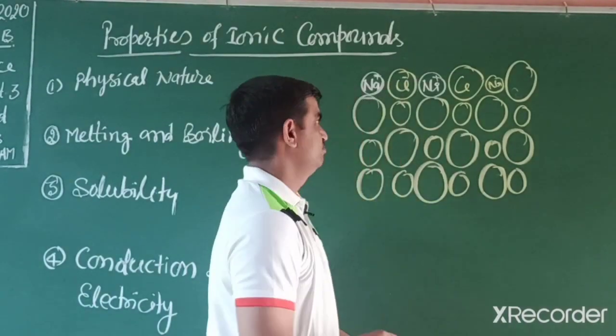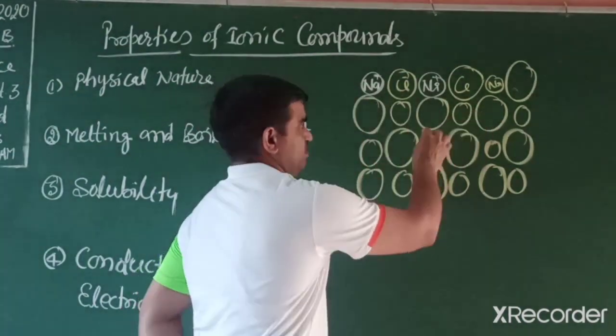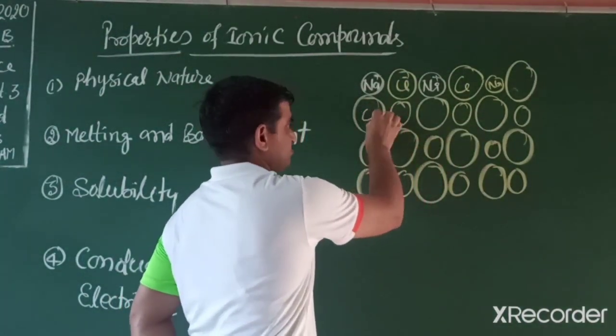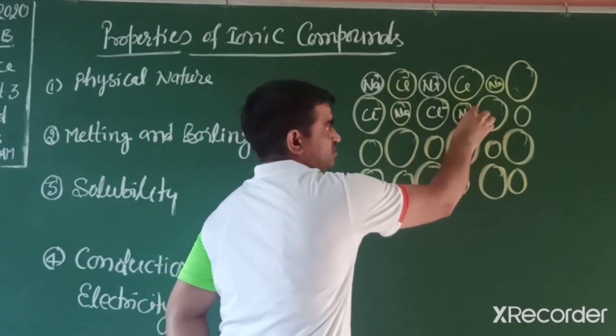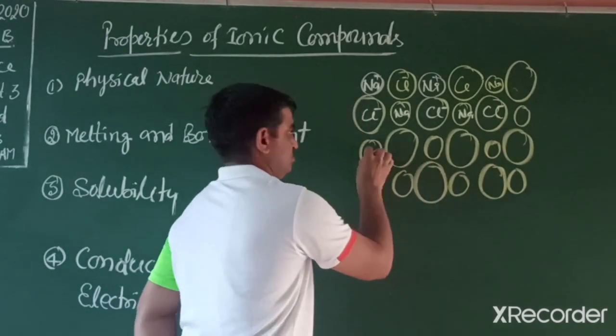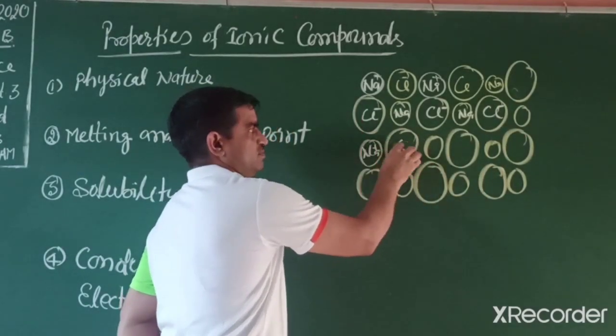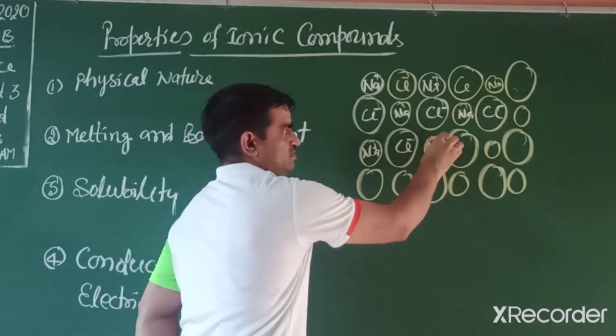This type of crystal is sodium chloride. In this, one is sodium, the other is chloride ion.